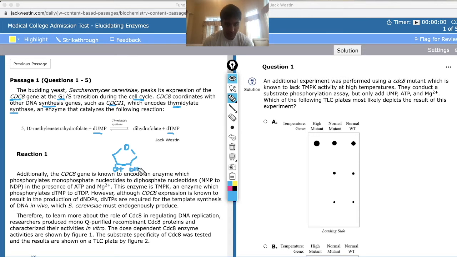It's going to be attached to a nitrogenous base, so I'm going to write base here. And then at the 5' end, you're going to have a phosphate group.